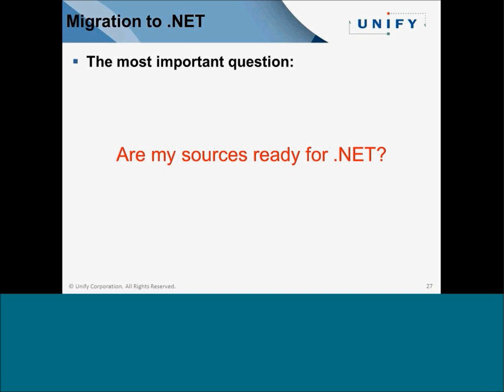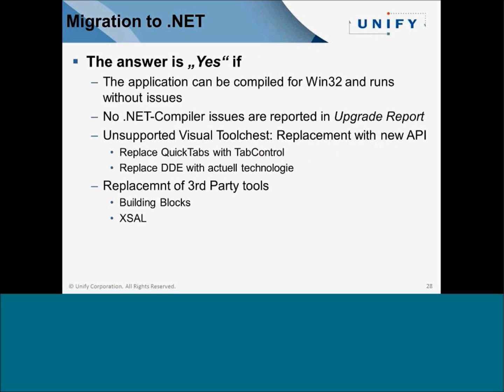Then we want to look into existing Win32 source code, what could be done, and maybe then we have to talk about how to use the upgrade report from Team Developer, what is inside the report, what can be done with a task editor, and how to compile the first time to .NET, what's now the right way to debug, what's the debugger behind the scenes, how is the new project structure of your source code, and what's now the difference between Win32 and the .NET framework. So again, the answer is yes, if the application can be compiled for Win32 and runs without any issue.